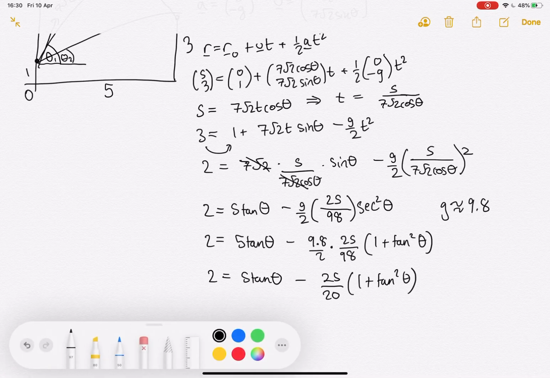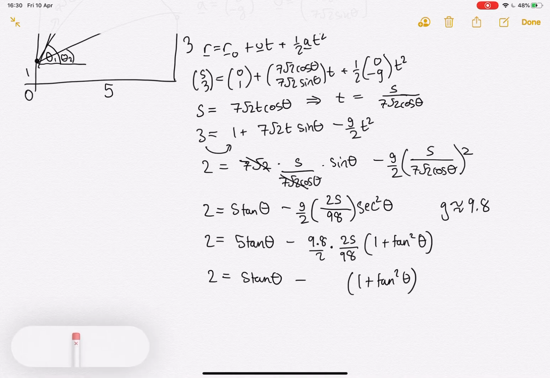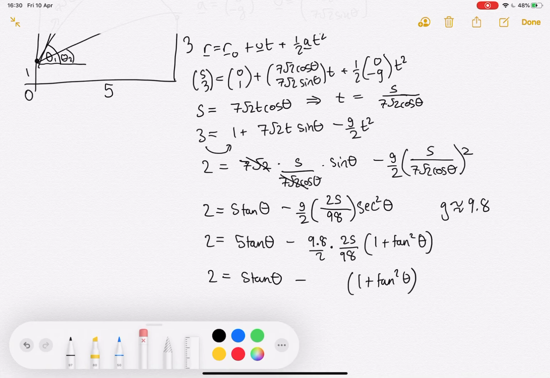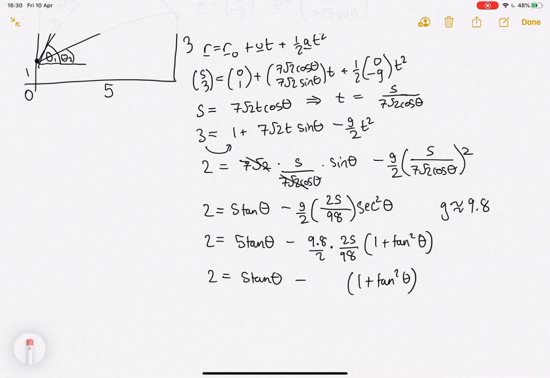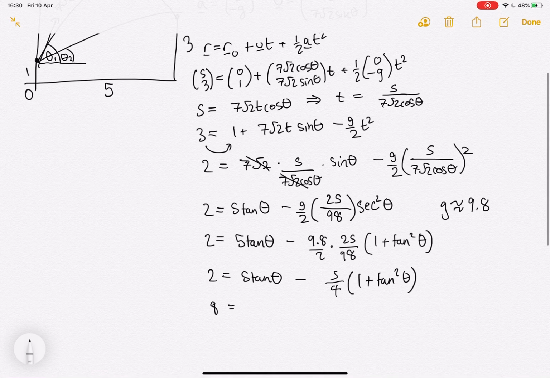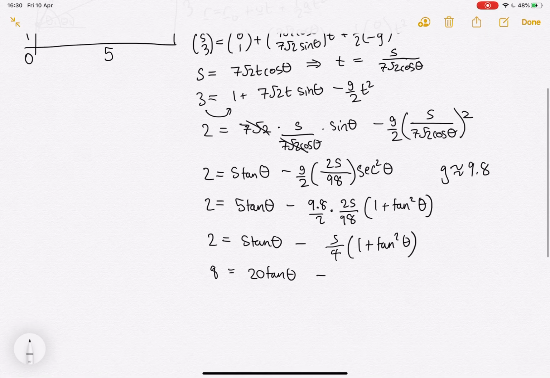But actually, we can simplify 25 over 20, 5 goes into 25 five times and into 20 four times, so this is just 5 over 4. Multiplying through by 4, we get 8 equals 20 tan theta minus, and then expanding out this bracket, 5 minus 5 tan squared theta. And that is just the quadratic equation we want once we rearrange it.